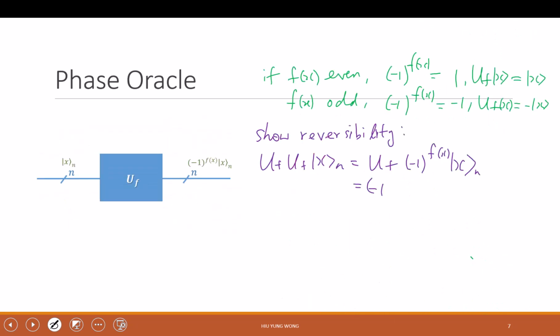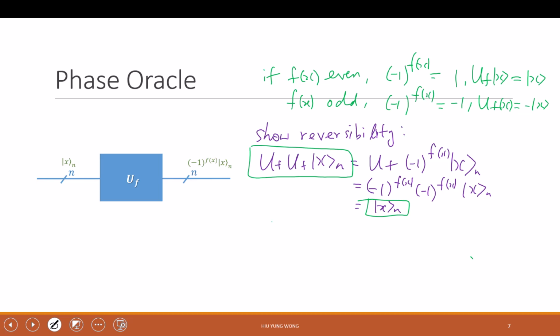So this is -1 to the f of x, times -1 to the f of x, times x. But no matter whether f of x is even or odd, this product will be 1. Very good. So this becomes x. You apply it 2 times, and you don't change the vector at all.